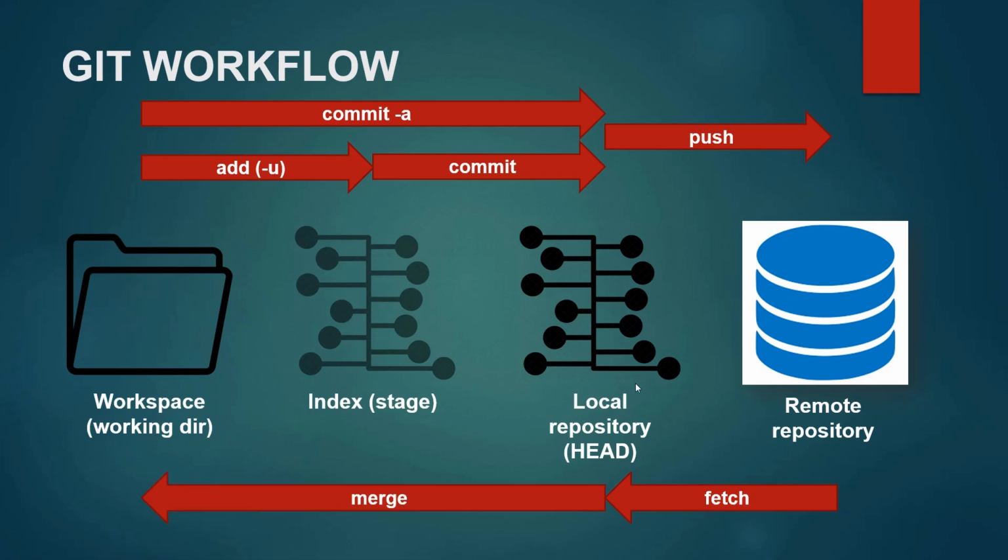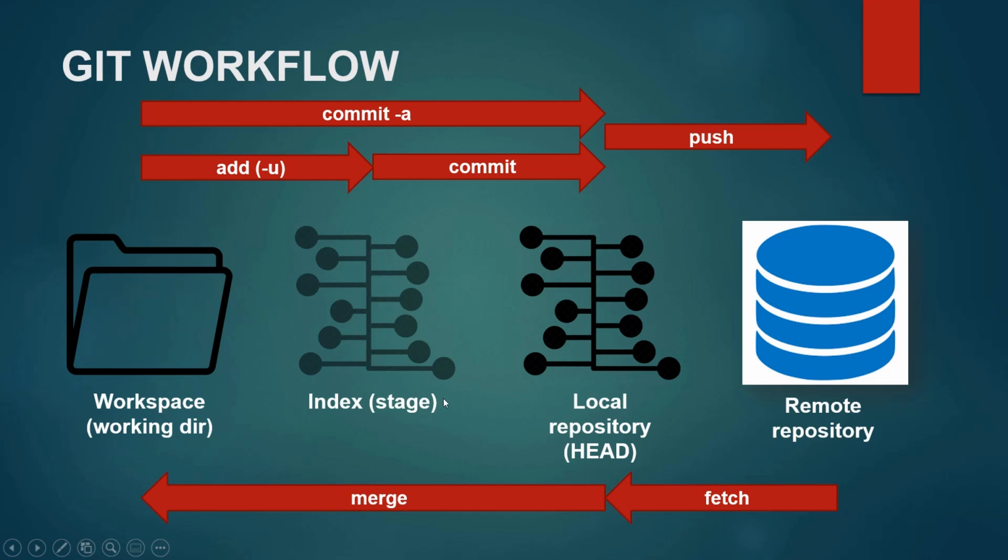And in order to get your data from the local repository to your workspace, you have to issue another command, which is git merge. Git merge will take the changes in the local repository and get them to your local workspace. And at this point, your files will be updated to what was fetched from the remote repository.